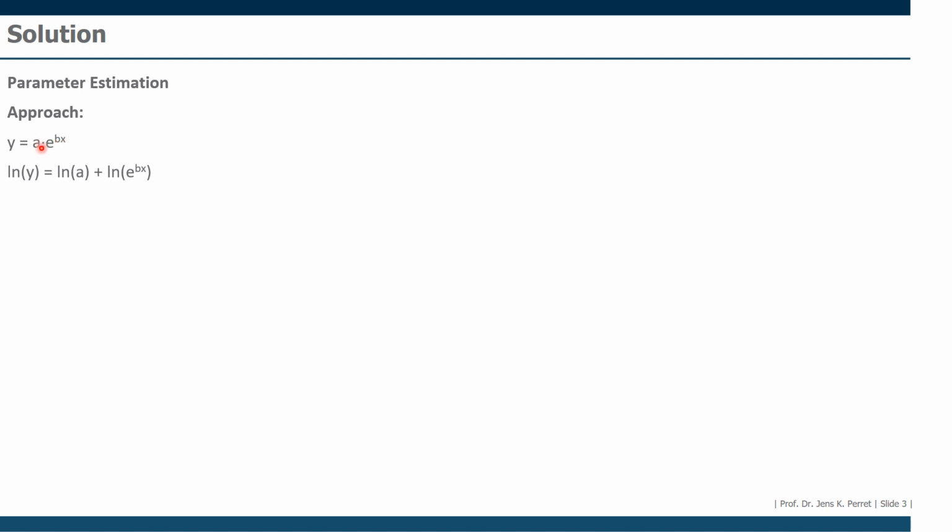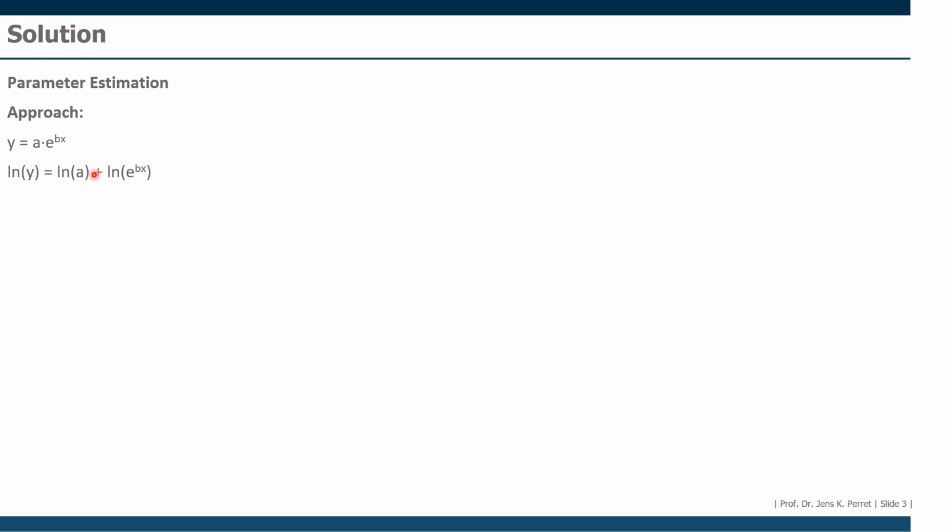Since there is a multiplication here, I can draw the two parts apart. I get ln of a plus ln of e to the power bx. So this multiplication sign turns into a plus sign if I pull the logarithm apart. I can only do it this way, so only from multiplication inside the logarithm to the addition outside.